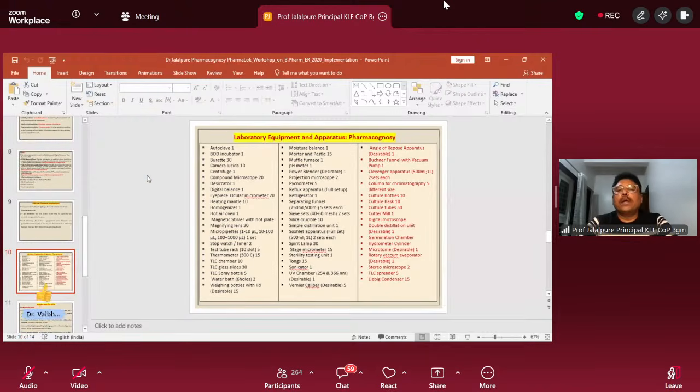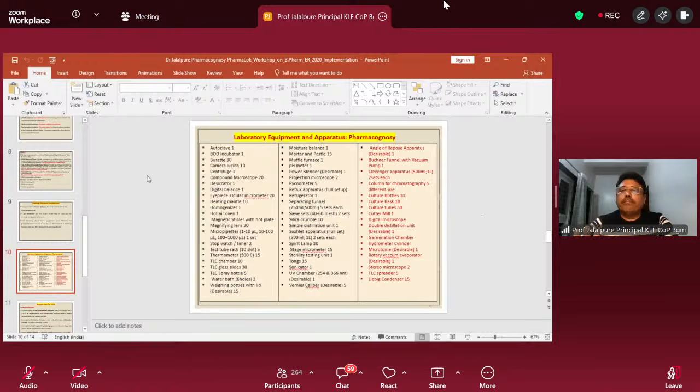So I think all principals and directors of the colleges should make all these things available. These are very small things. Definitely you must be having them in the institute, but they have been specifically mentioned in the syllabus. For example, culture bottle stand, culture flask, culture tubes, cutter mill, one digital microscope, double distillation unit, germination chamber.